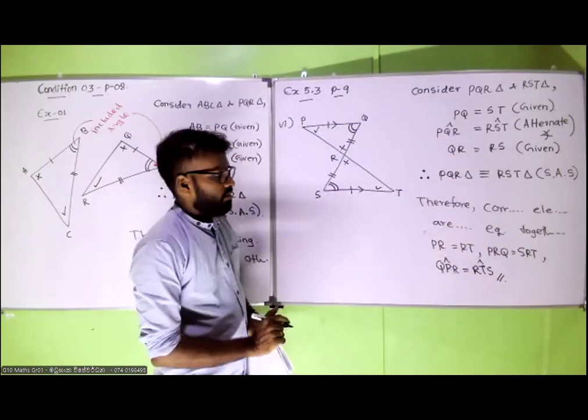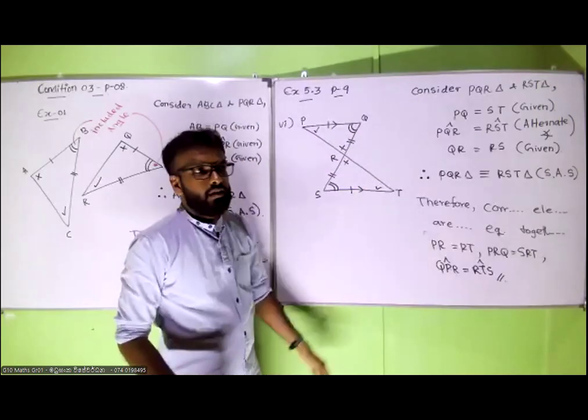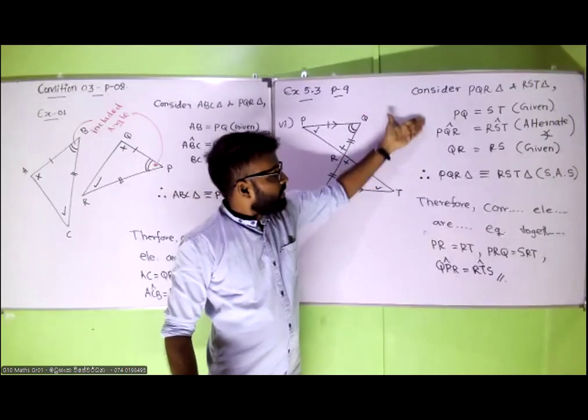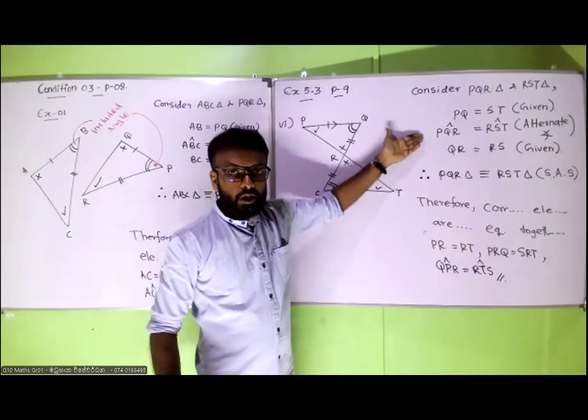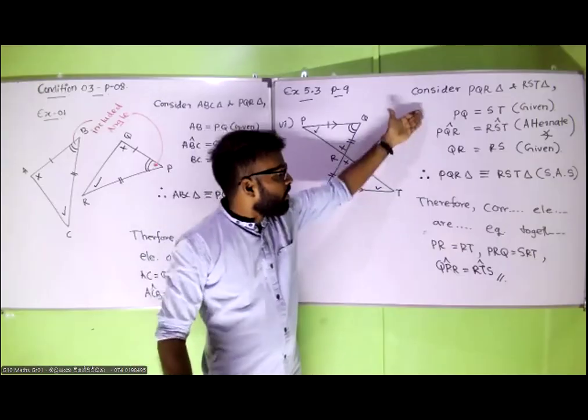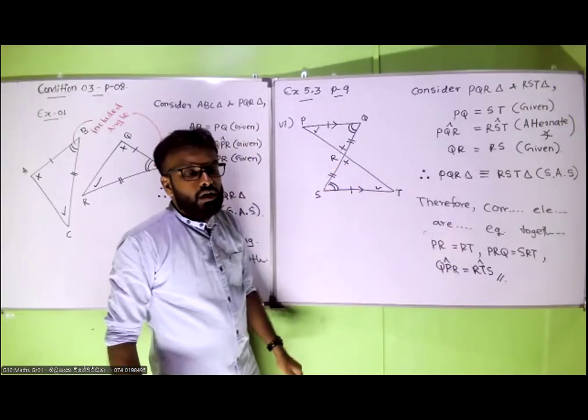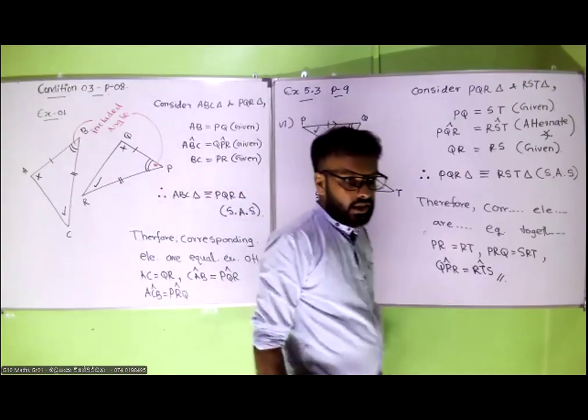That's all. No need to write these things again. Other than these three, write the rest of the three. So there should be 1, 2, 3, 4, 5, 6 elements between the two triangles.